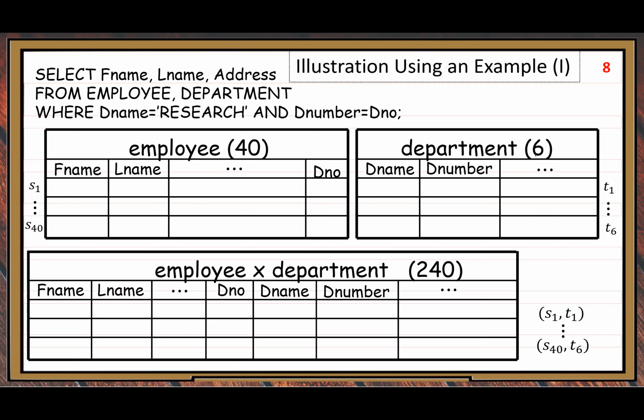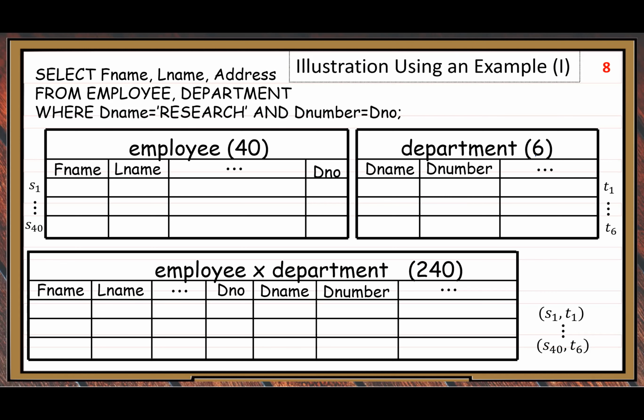Then our representation. We combine the tuples. Here we use S1, T1 as the first combined tuple, S1, T2, S1, T3, until S1, T6. After that, S2, T1, S2, T2 until S2, T6. Then S3, T1 through T6, and so on.